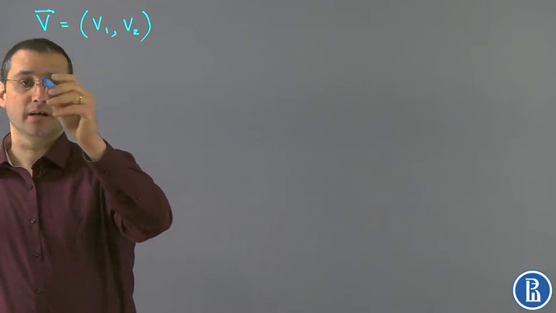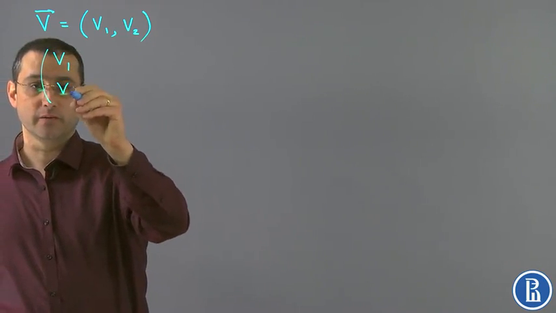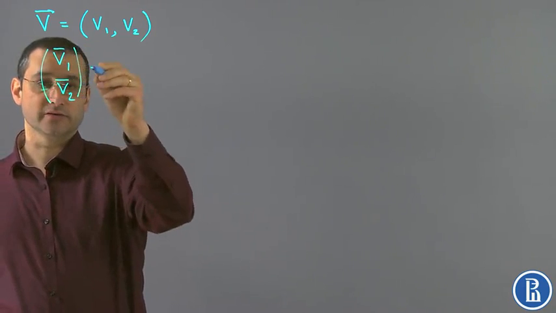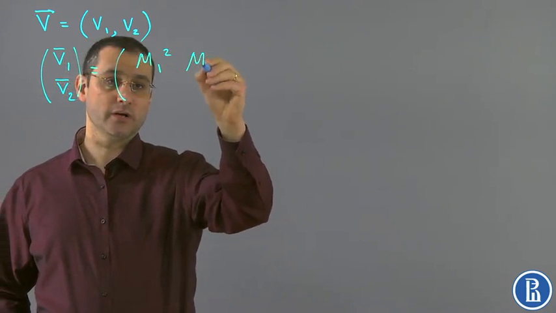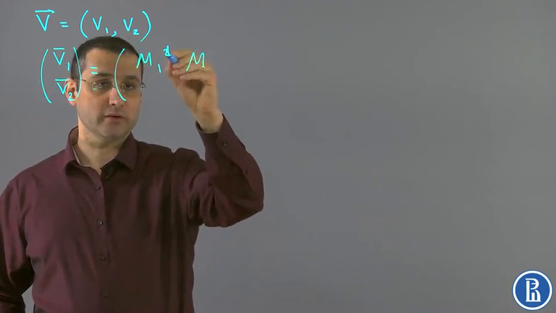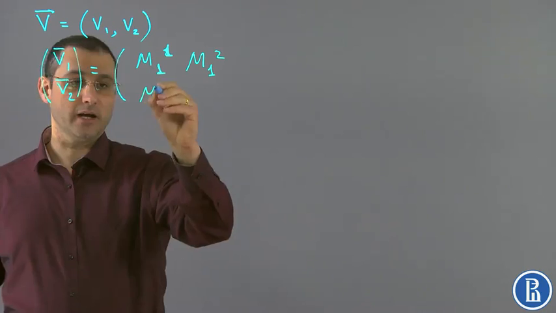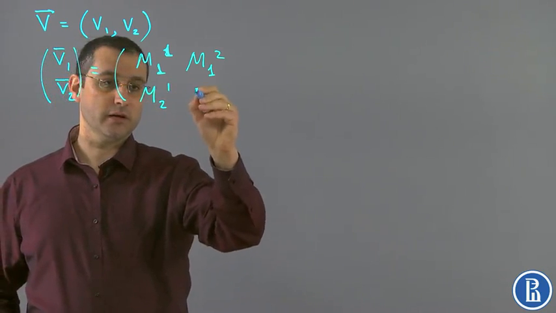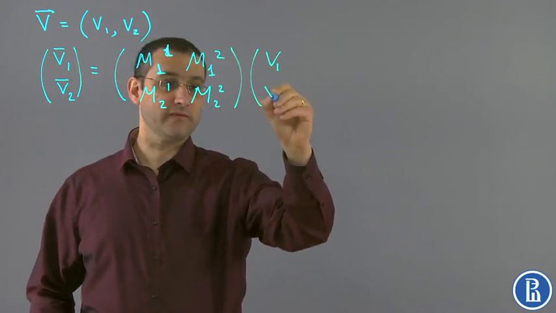Namely, if we have a vector v1, v2, it transforms according to the following rule: m11, m12, m21, m22 times v1, v2.